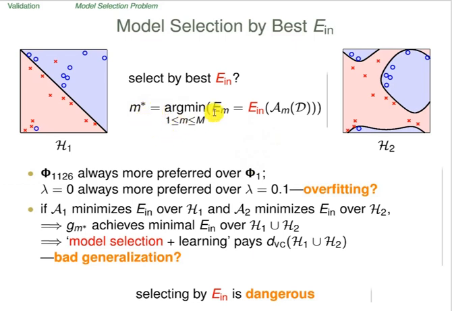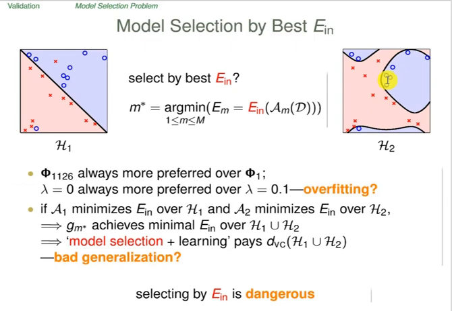That means our algorithm selects a hypothesis based on data and in-sample error. And we can declare M star as the model with the best in-sample error performance. Then in this case, H2 would be selected if you use in-sample error as a criterion for selecting the models.